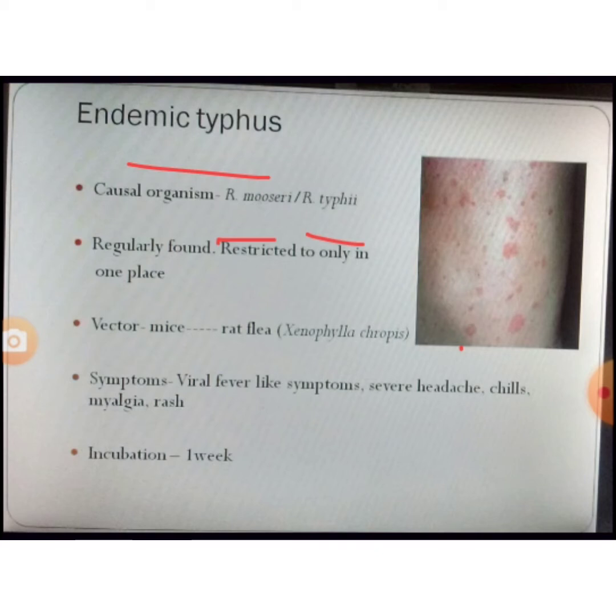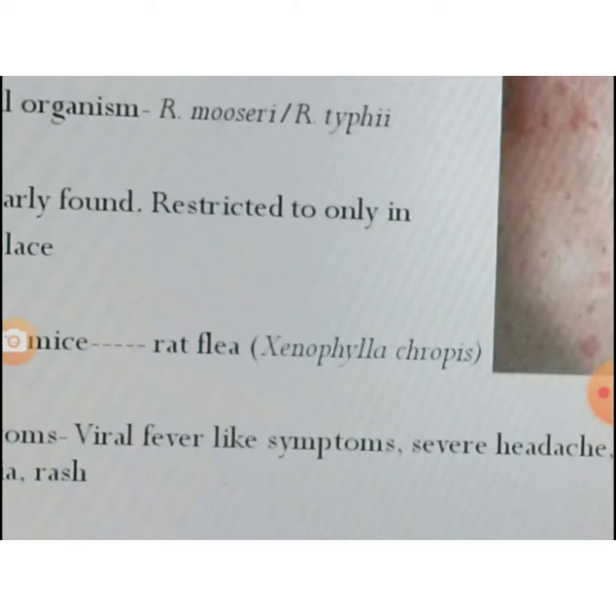It is found in a particular group of people in a certain area. The vector here is the mice, the organism is present on the mice, and it transfers through the rat flea. The organism here is Xenopsylla.